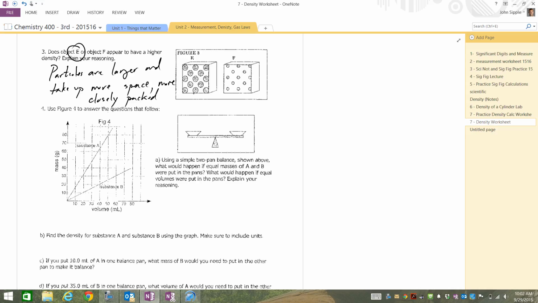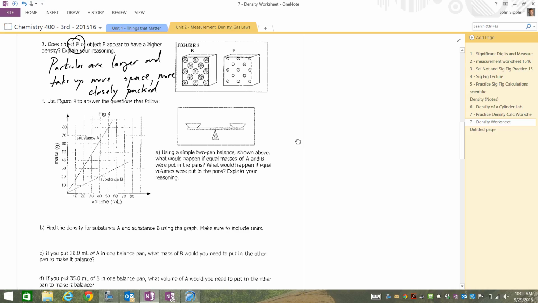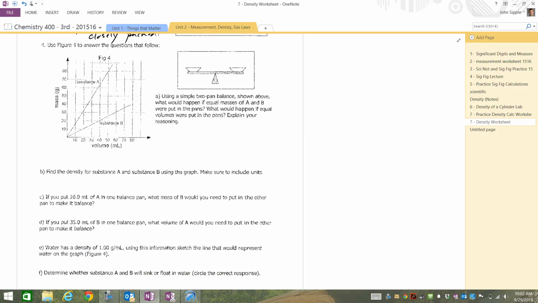All right, so on the next one here, we're looking at the graph. Okay, we've got our graph, and we're looking at our balance as well. So with these two substances, as we look at these two, the first thing they asked us to do is start with our balance. Okay, we've got our two substances.